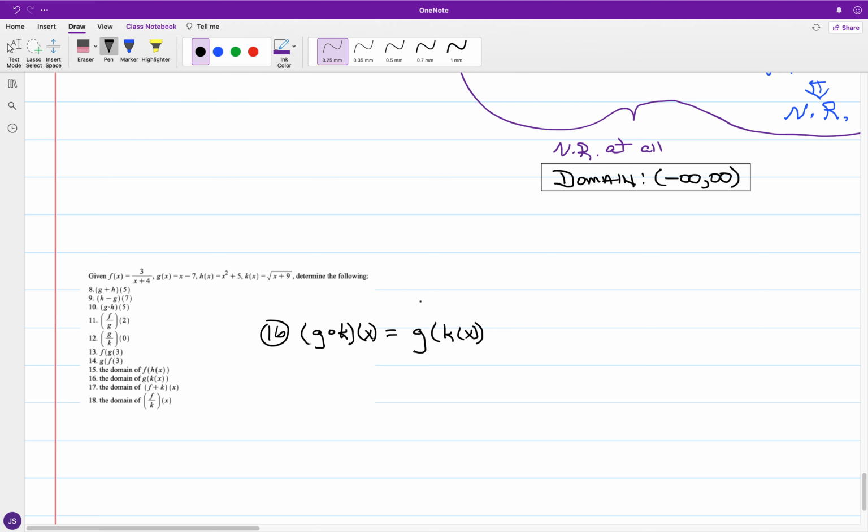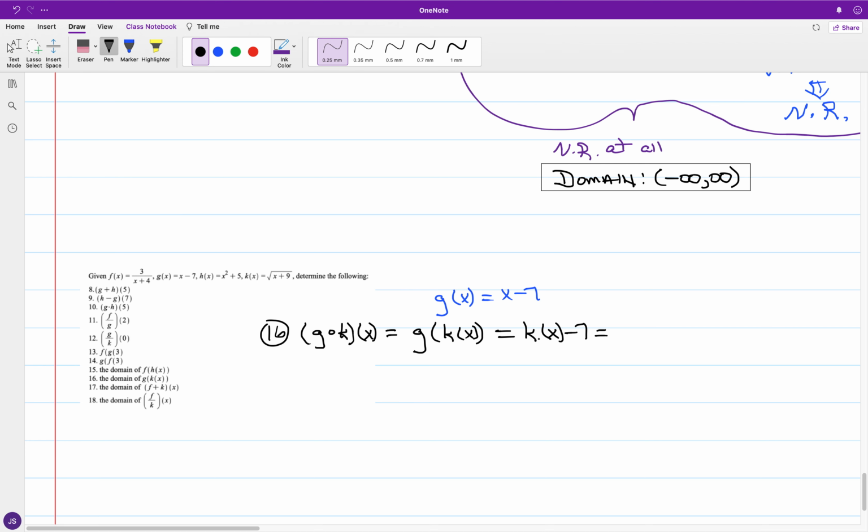And so the outside operation we have with g, and g is defined where the input is equal to the input minus 7. And here with the input at k of x, this is going to be equal to k of x minus 7.